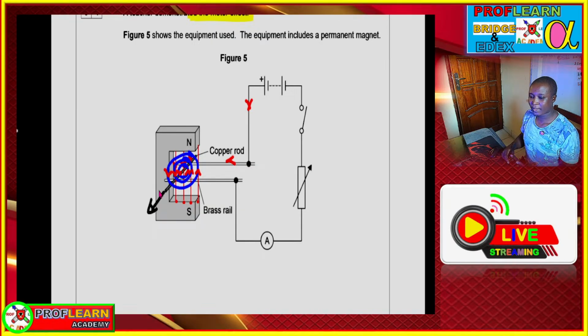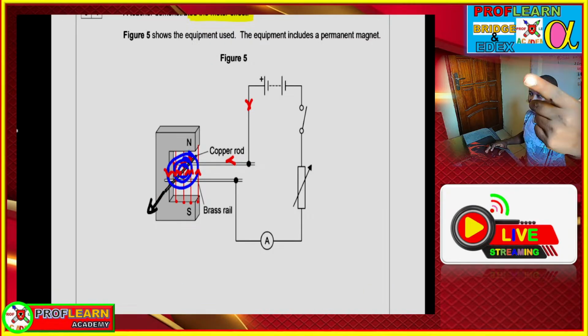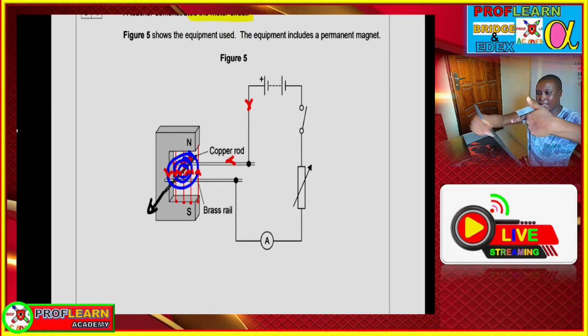To predict the direction of the force, we are going to use Fleming's left hand rule. We hold the first finger, second finger, and thumb at 90 degrees, at right angles to each other. Since the first finger directs the fields, I point it downward, and the second finger is the current, which points towards me because the current is coming this side.